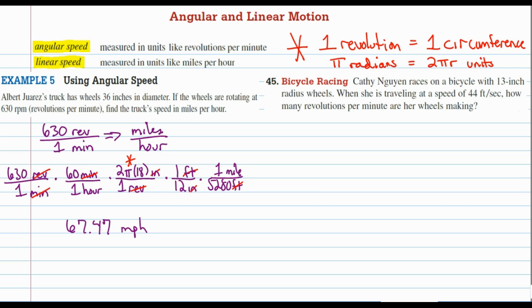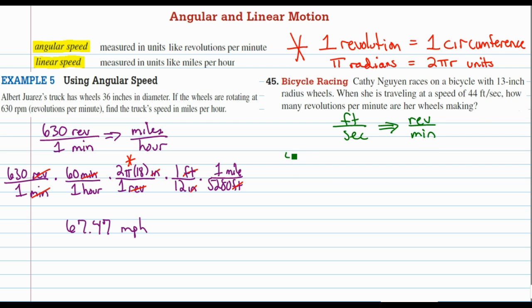Kathy Nguyen races on a bicycle with 13-inch radius wheels. When she is traveling at a speed of 44 feet per second, how many revolutions per minute are her wheels making? So I'm starting out at feet per second, and I want to convert to revolutions per minute. So I want to know how fast this wheel is spinning around its axle.